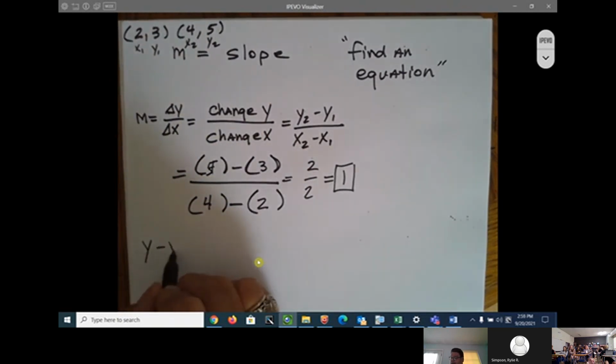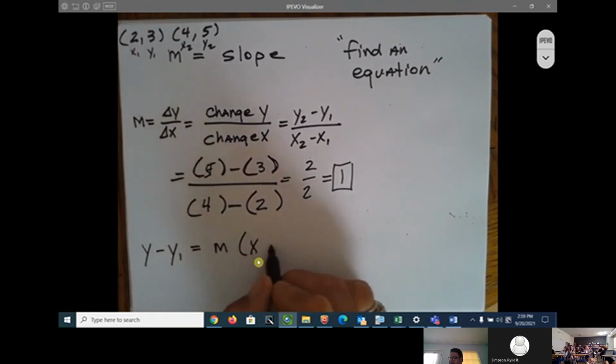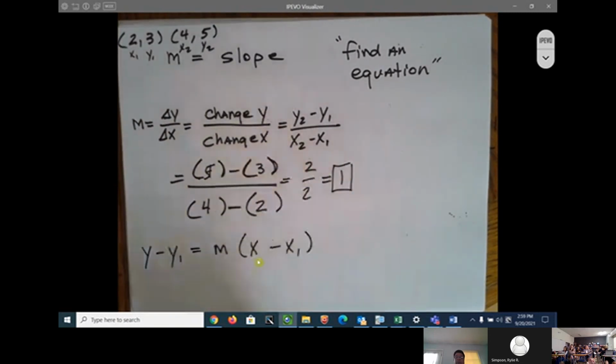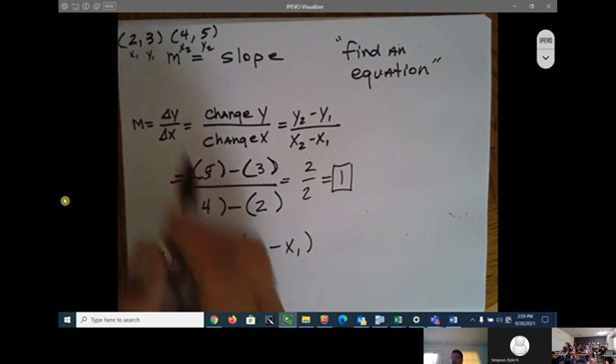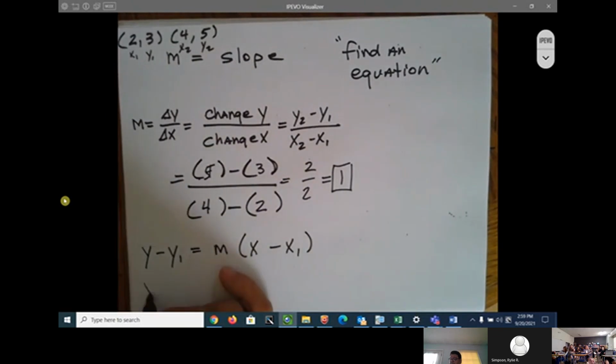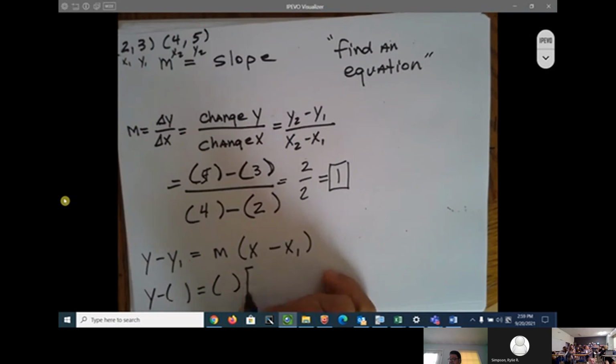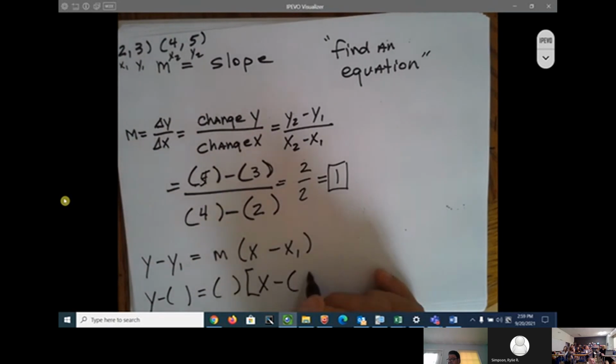All right. Now find an equation. y minus y sub 1 is equal to m times x minus x sub 1. And I'm going to use my x sub 1 and y sub 1, my 2 and 3. y minus parentheses equals parentheses times x minus parentheses.